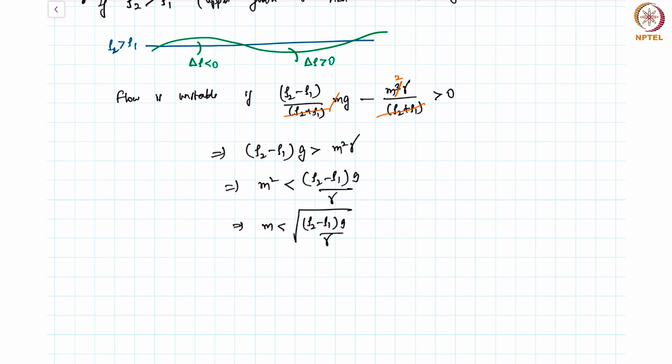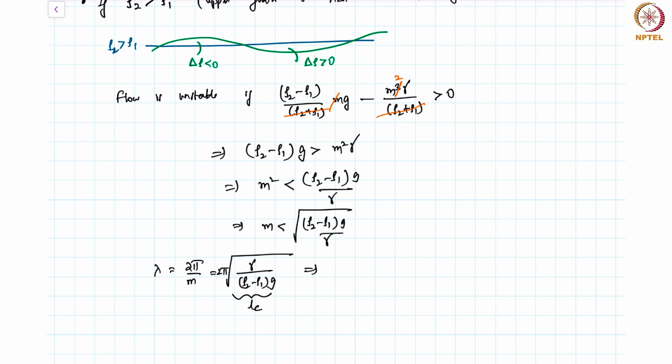The wavelength will be 2 pi by k, sorry, 2 pi by m. So this is 2 pi times the square root of gamma by (rho 2 minus rho 1) g. This is what I have, right? Now, notice that this exactly is basically the capillary length.